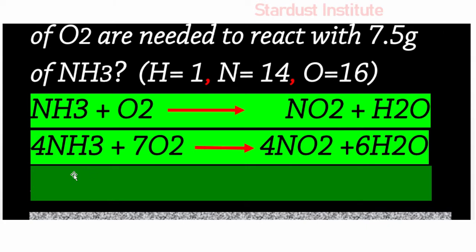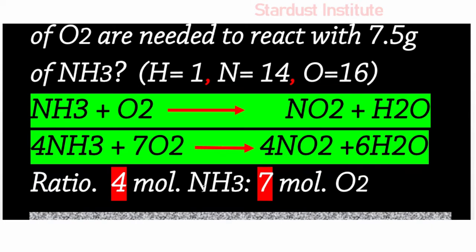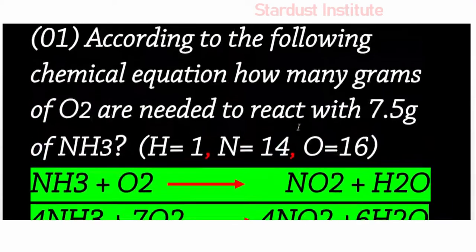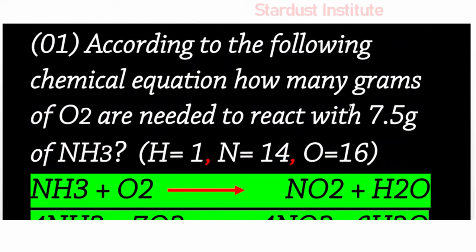We can see 4 moles of ammonia react with 7 moles of O2. Here we have been given 7.5 grams of ammonia.